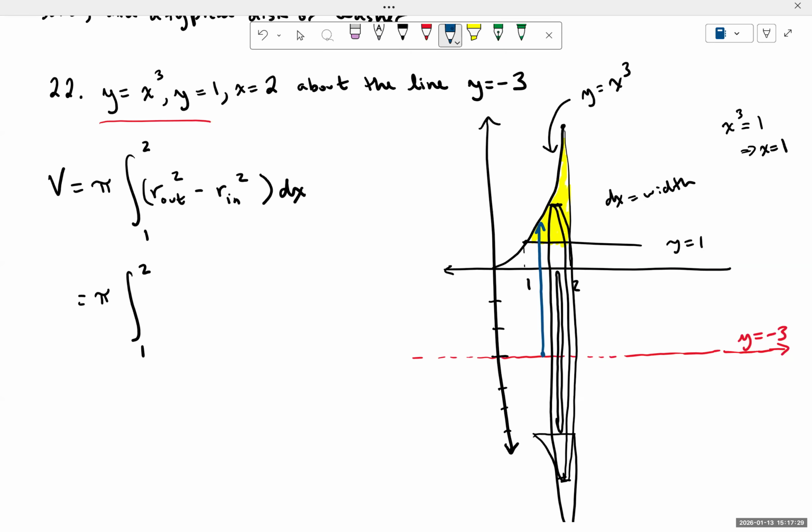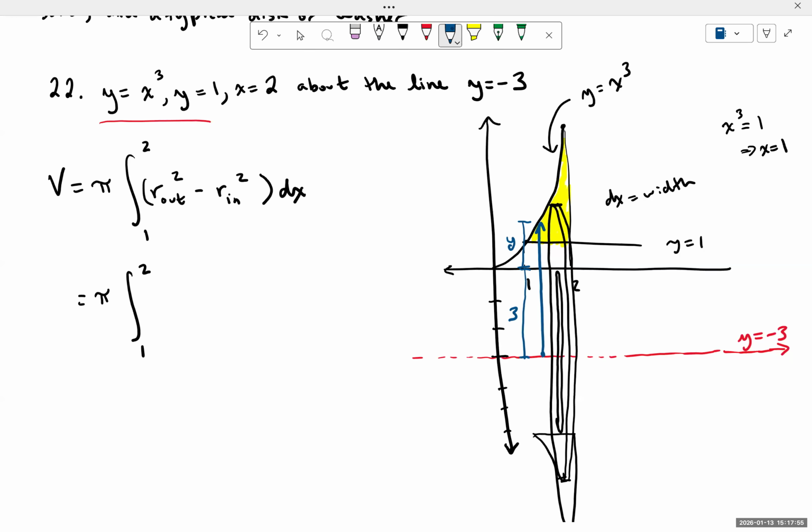Now notice the axis of rotation is at -3. So if I look at this blue arrow that I just drew, the distance from the curve to the axis, this is going to be y. And the distance from the x-axis to the axis of rotation is going to be 3.